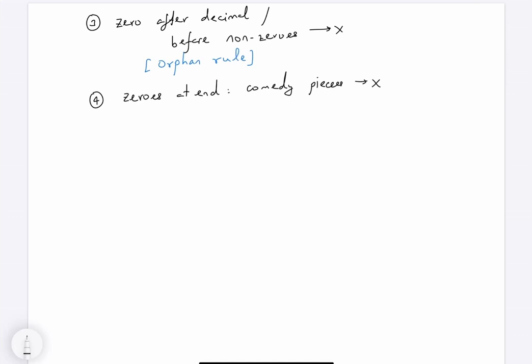Also, let's say we just keep it as end of decimal place. If the number is a non-decimal number and there are zeros at the end, still don't count them. They're still dummy pieces, right?